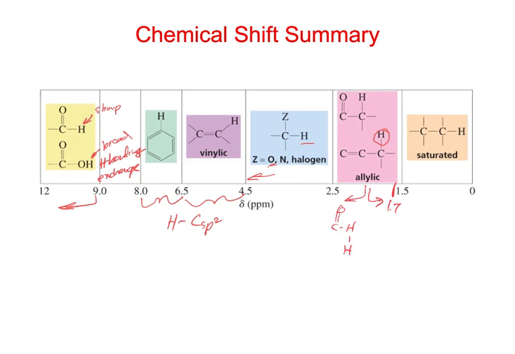Okay. What about sp carbons? Where are they in this? The protons on the sp, well, we said that they were around 2.4 or something, so they would be somewhere in here.